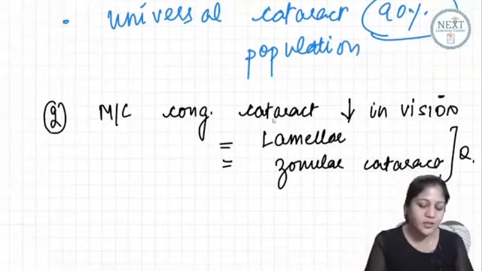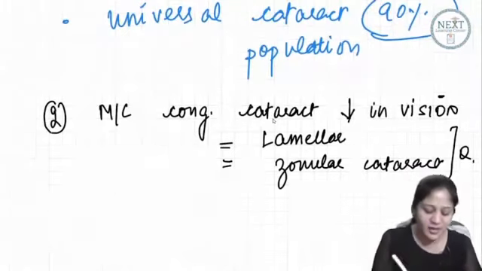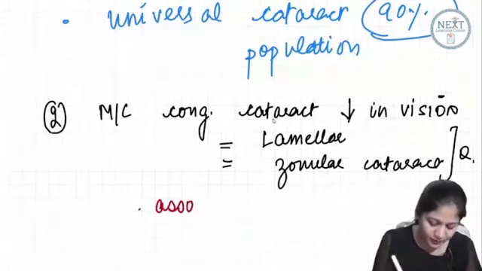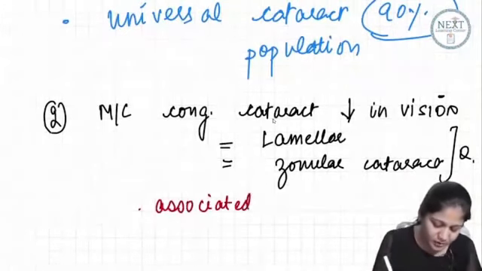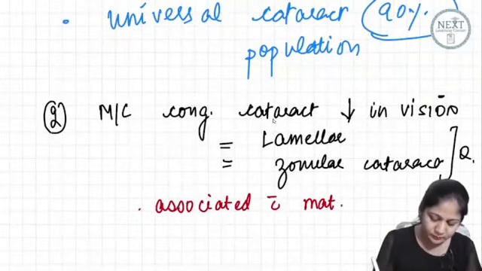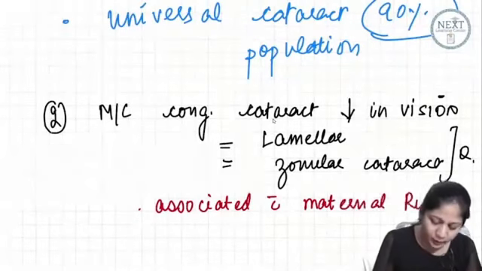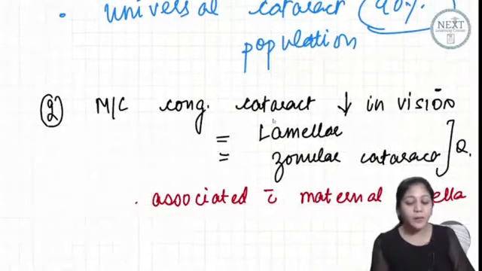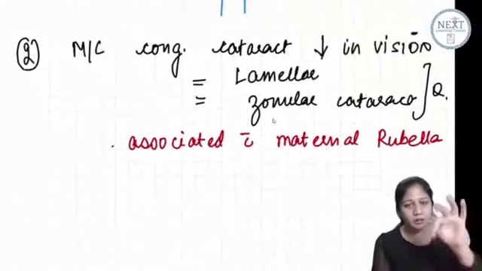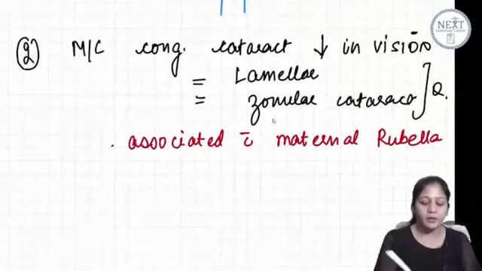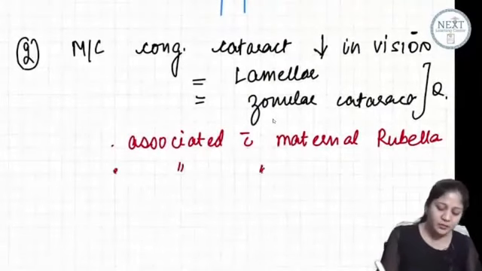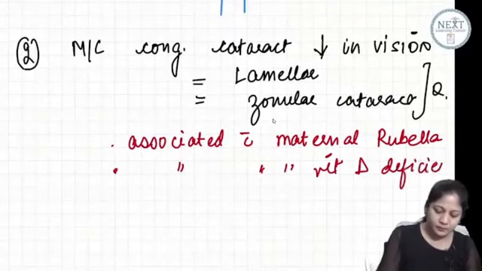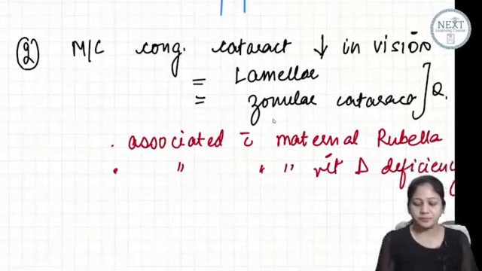Now there are a few more questions associated with this cataract. These types of cataracts are associated with maternal rubella. So if a pregnant female develops rubella, the baby can have a lamellar cataract. Or it is associated with maternal vitamin D deficiency. Very good.